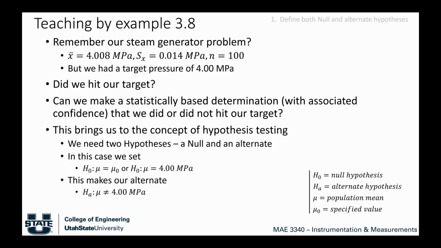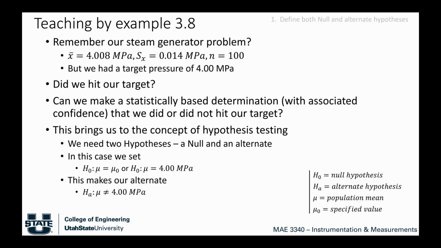And we're trying to figure out if we hit our target with the target pressure of 4 megapascals. So we're comparing our sample mean with this target pressure. We're saying this is the true value, or this is what we're targeting, or this is what the mean value should have been. And we're trying to compare that with our sample mean that we have.